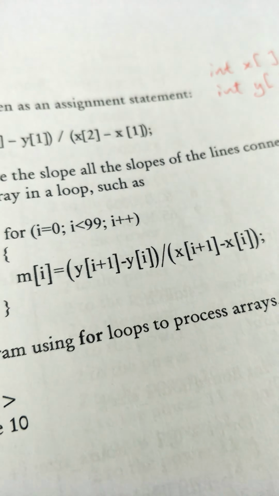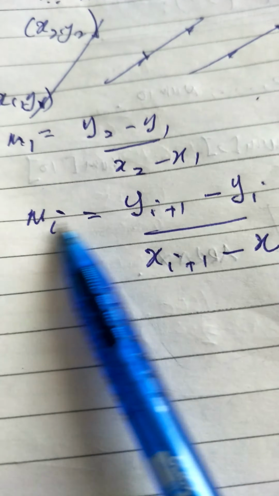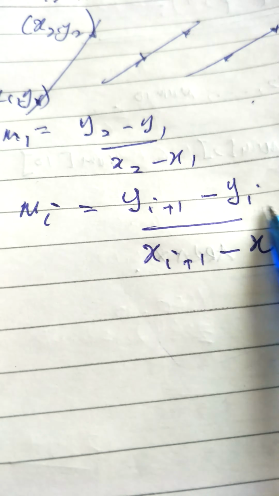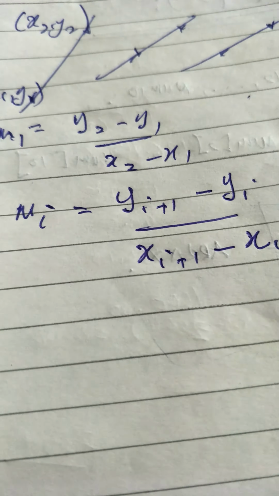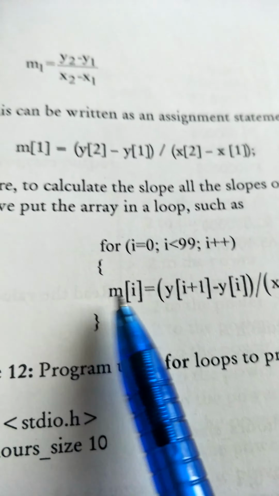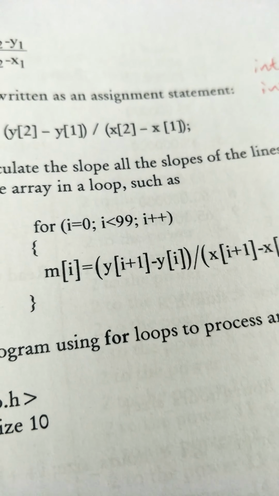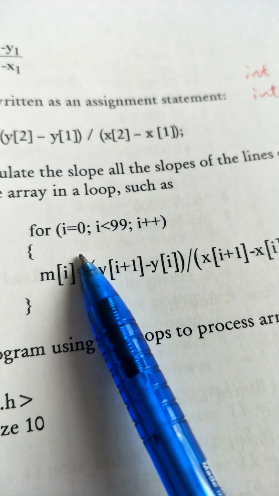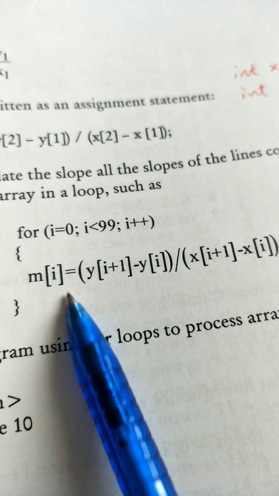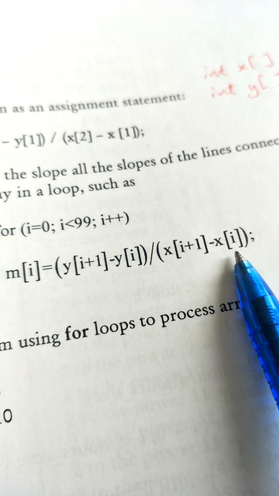This is what I've written here. So when you use an array, you need a for loop or a do-while loop. So you need this thing.